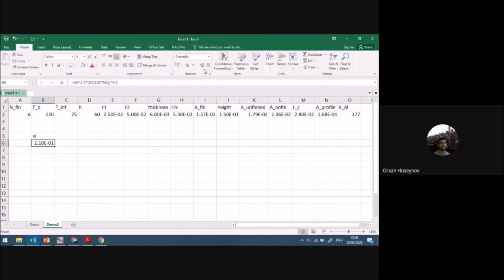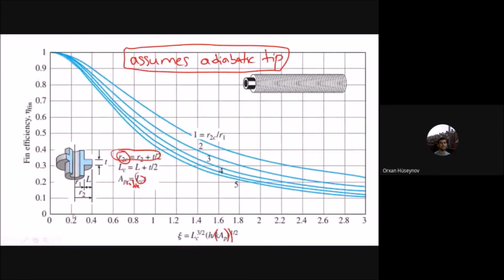This one is 0.2. It is a very small value, and for this value you have high efficiency. If you go back to the chart at 0.2, you see all of the lines converge to that point. It doesn't matter if R2c by R1 is 2, 3, 4, 5. Lines converge to one point. It's approximately 0.95.